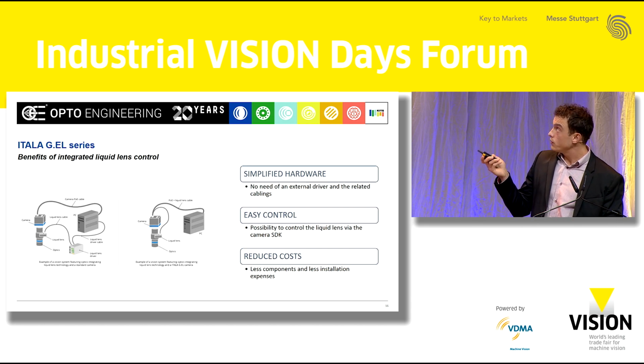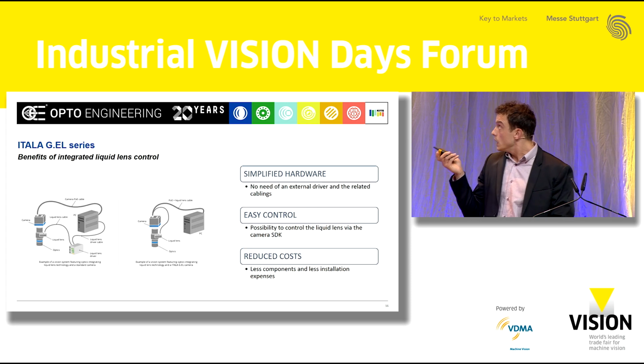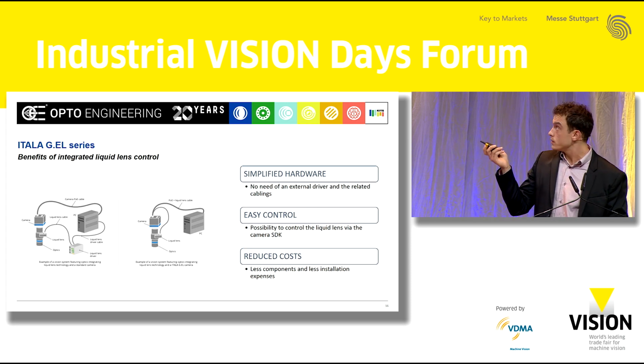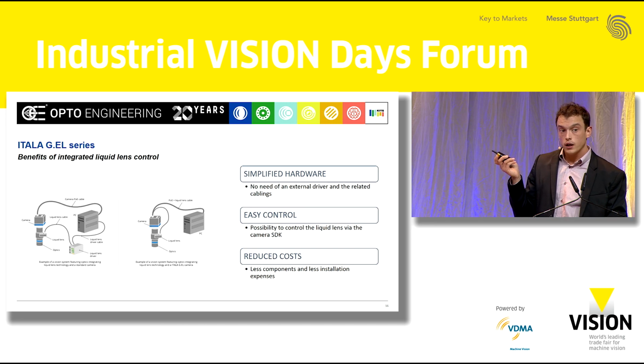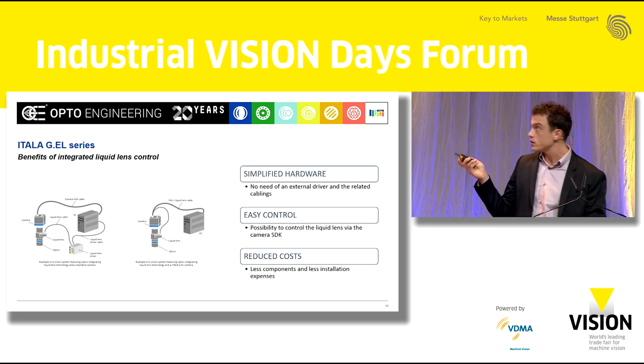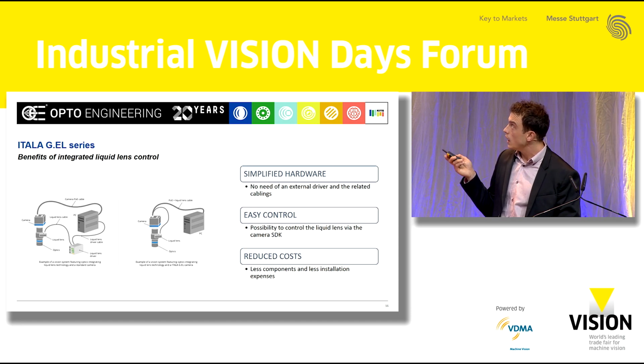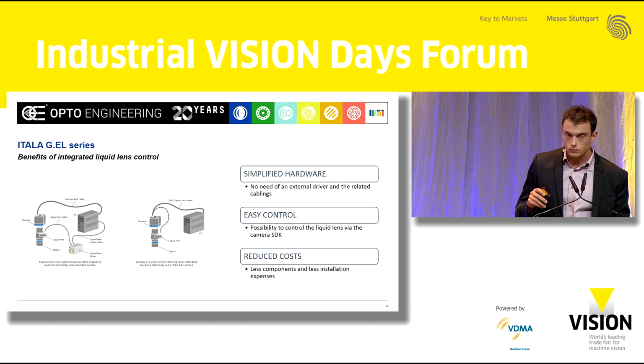On the other hand, if you use Italia GEL cameras, with integrated liquid lens control, you can simplify the hardware because you have only the customized cable I mentioned before, connecting the liquid lens to the camera on one end, and the camera to the PC on the other. Just one cable, no drivers, no other hardware.